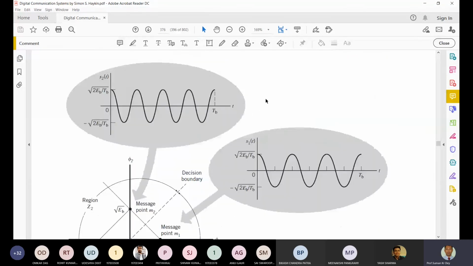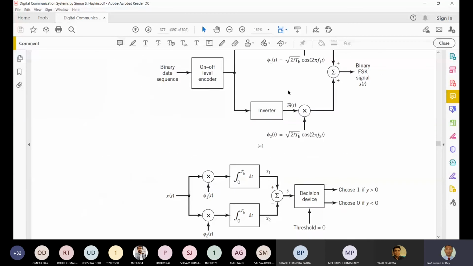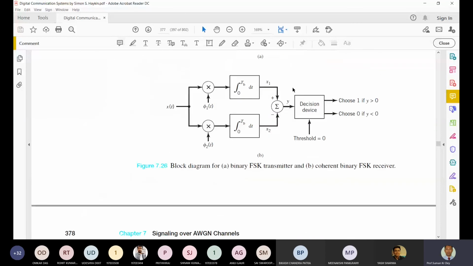These are the two mean values for these two random variables.